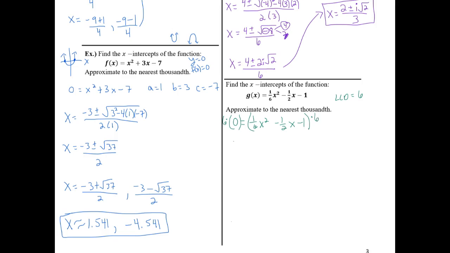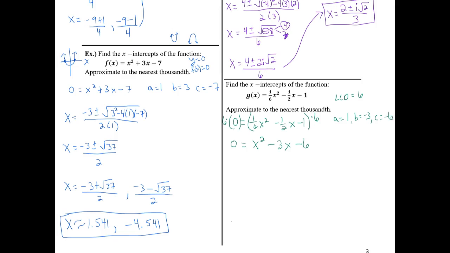6 times 0 is still 0. 6 times 1/6 is 1, right? 6 divided by 6 would be 1. I'm left with just 1x squared. 6 times 1/2 would be 3, so minus 3x. And 6 times negative 1 is negative 6. So now my a is 1, b is negative 3, and c is negative 6.